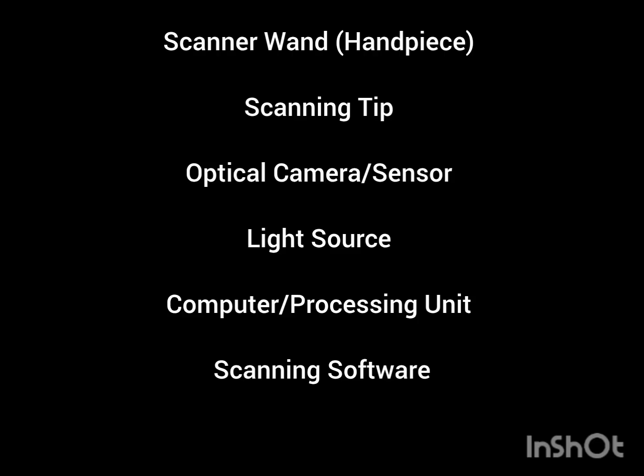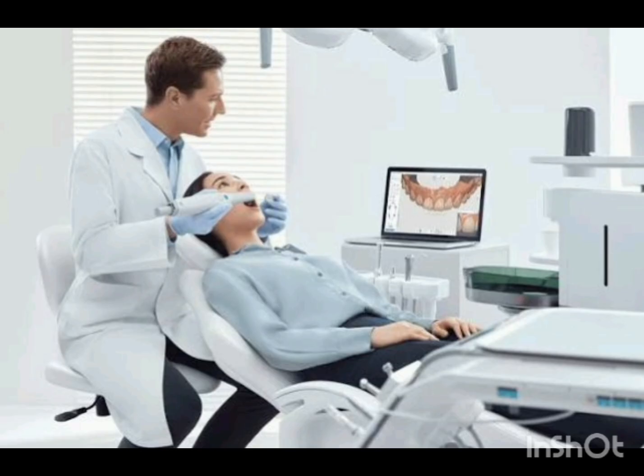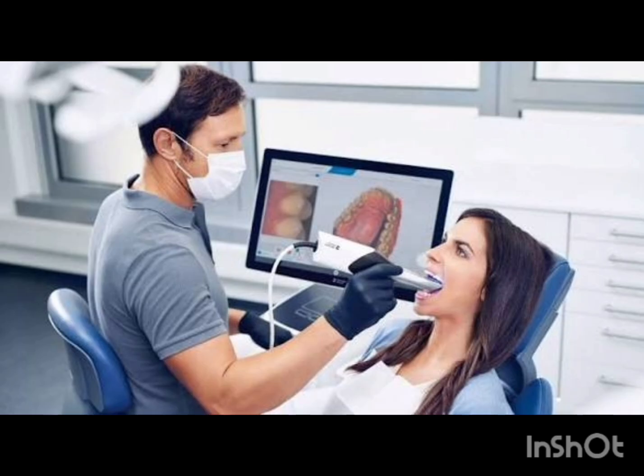And then the computer and scanning software process the images into a digital 3D model in real time. Finally, the software allows the clinician to inspect the scan, trim unnecessary areas, check occlusion, and export the models as an STL file.